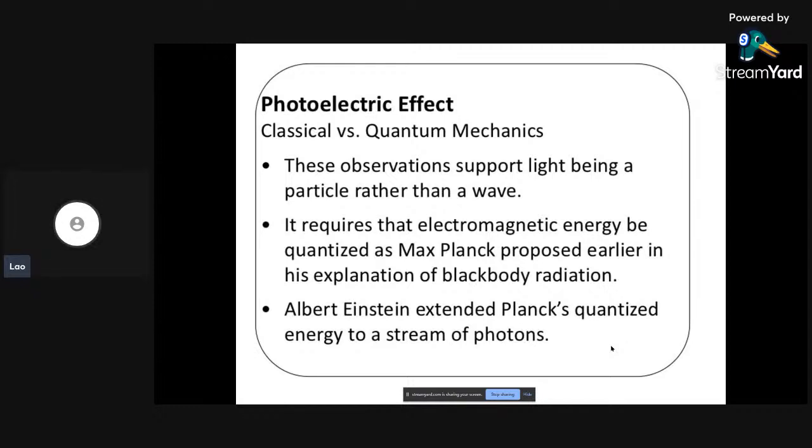So it requires that electromagnetic energy be quantized, as Max Planck proposed earlier in his explanation of black body radiation. So parang nag-collaborate sila dito ni Albert Einstein. So nag-extend siya sa Planck quantization of energy, dito stream of photons.